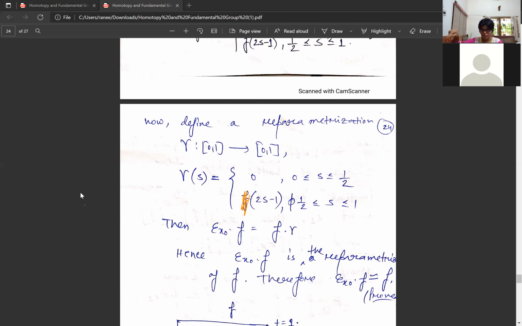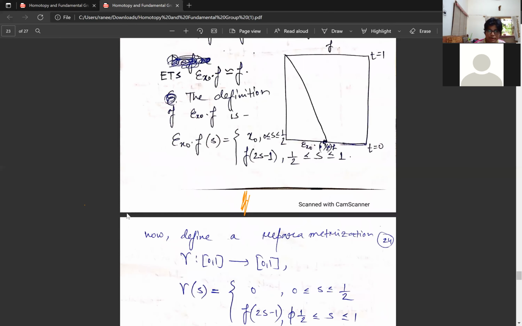So then I'm composing f with gamma. Then f composed gamma will be f of 0 for the first half, and then f of 2s minus 1. And f of 0 is the initial point of the path f, which is x naught, right? So then f composed gamma is indeed epsilon x naught dot f, as we have seen in the definition of epsilon x naught product with f.